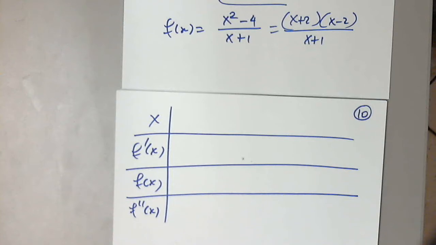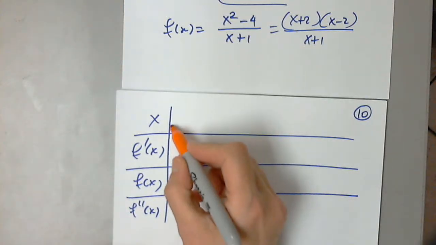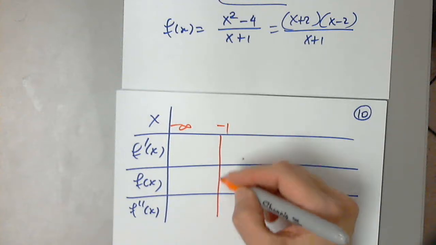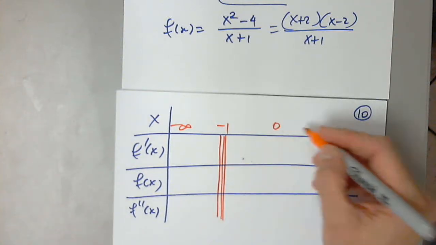Okay. Anything but -1. Very good. Negative infinity to -1, union -1 to infinity.